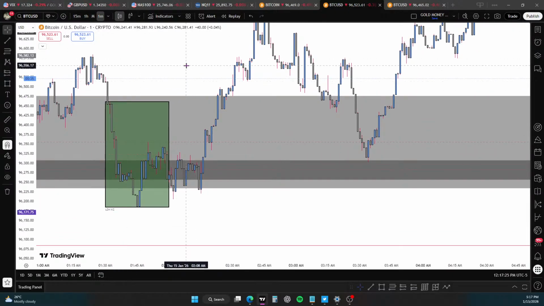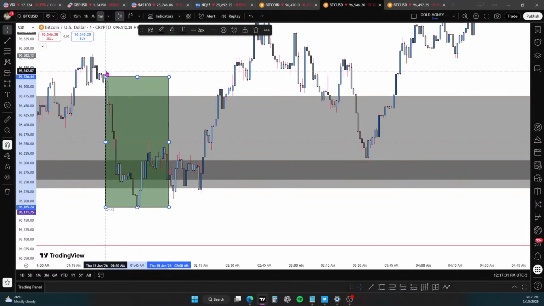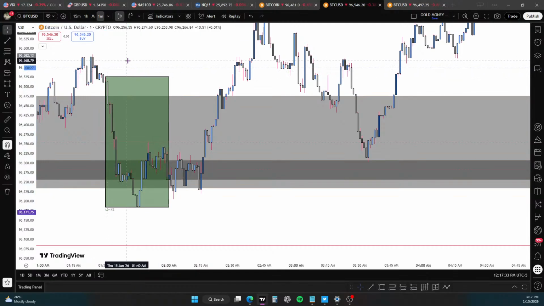Now, when marking, oh sorry, this is drawn incorrectly. It's actually there. So when marking the first presented fair value gap, it has to be after the opening minute. So you can only do 1:31 a.m. You can't do 1:30.